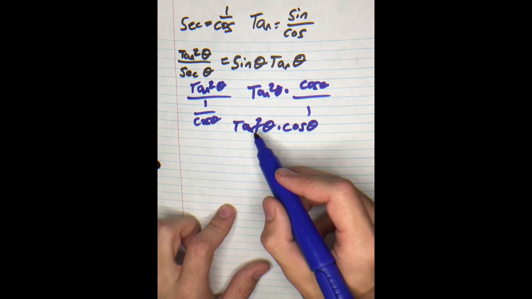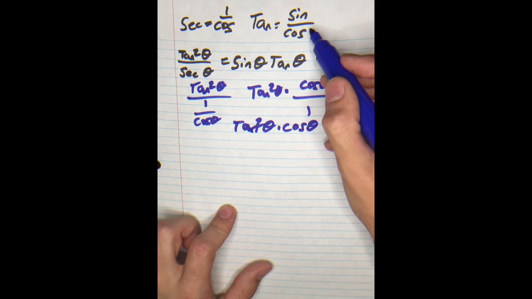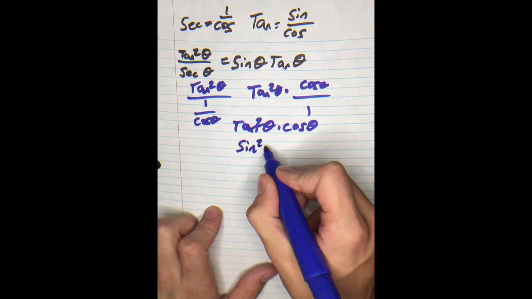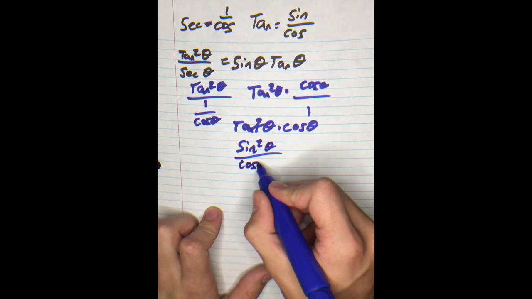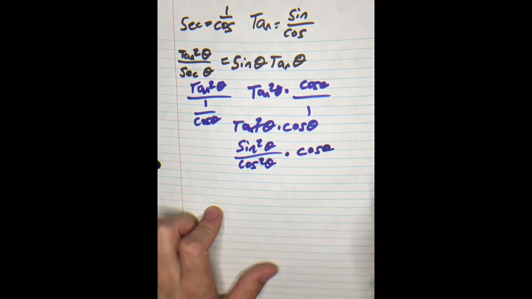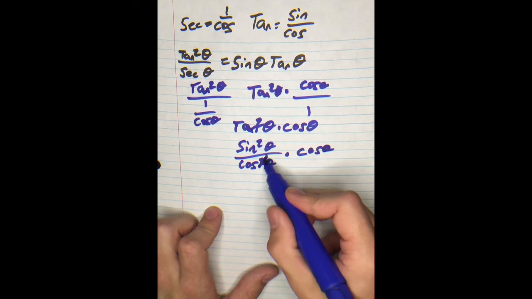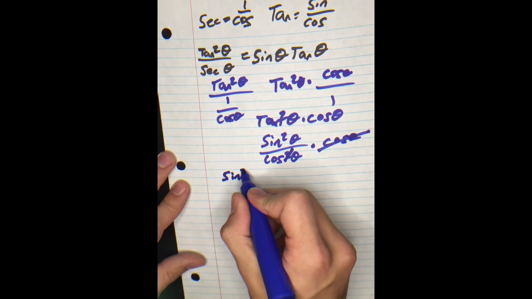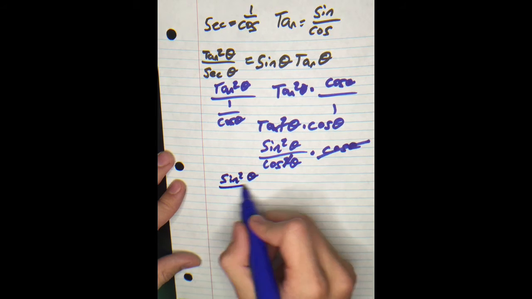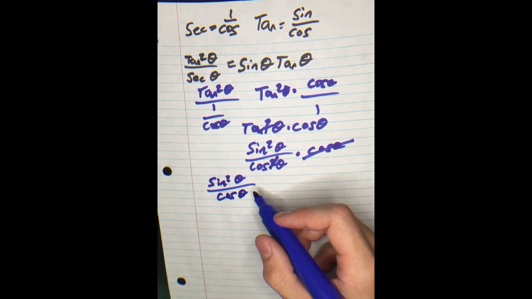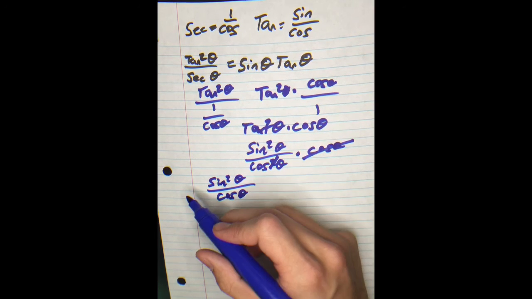Okay, so right now we're going to simplify the tangent squared down using this identity right here. So it's sine squared theta over cosine squared theta times cosine theta, right? We'll cancel one of the squares and one of the cosines. So now we're left with sine squared theta over cosine, right? So now what we're going to do is take one of the sines out of the top.